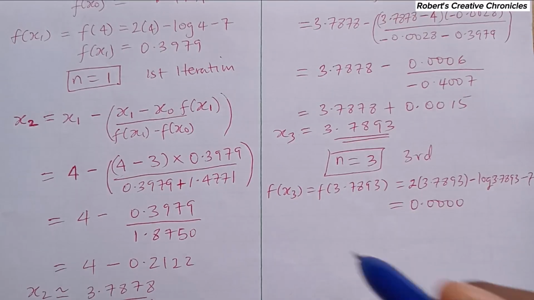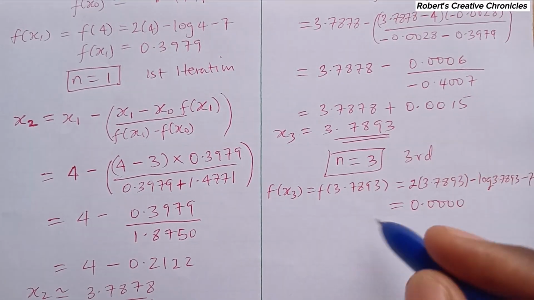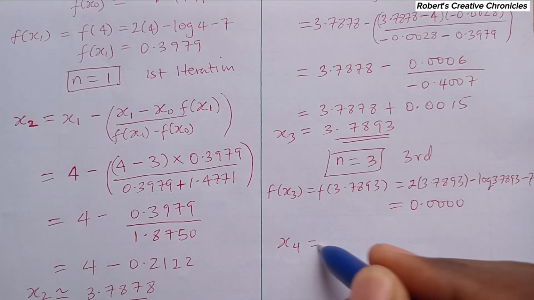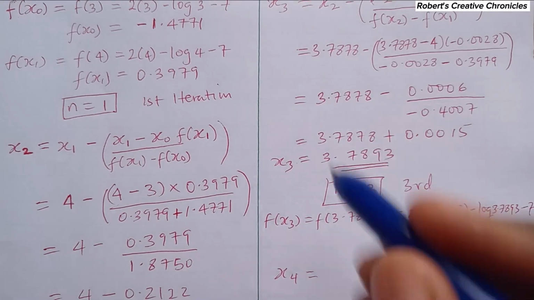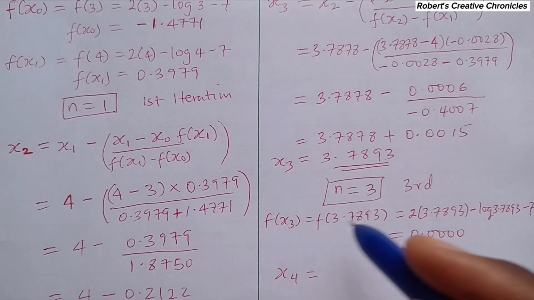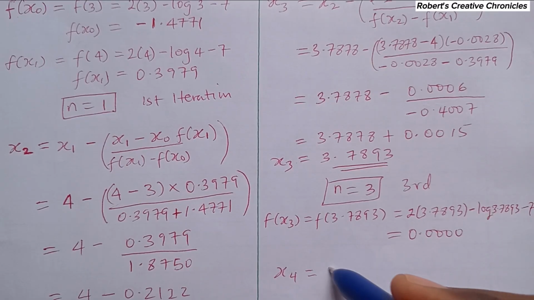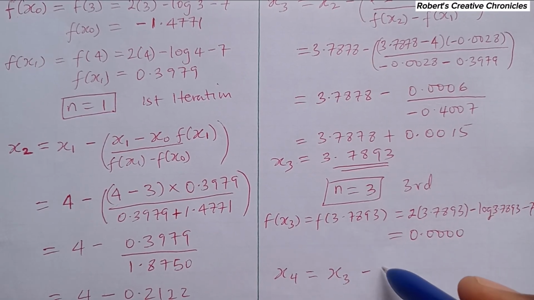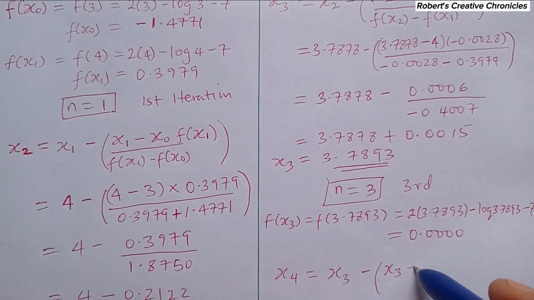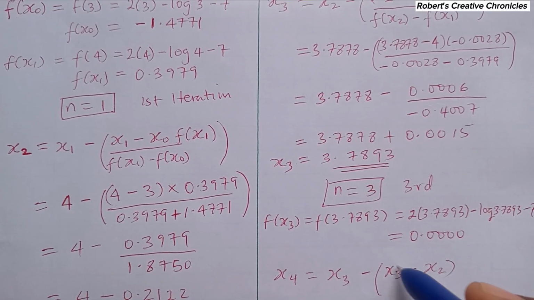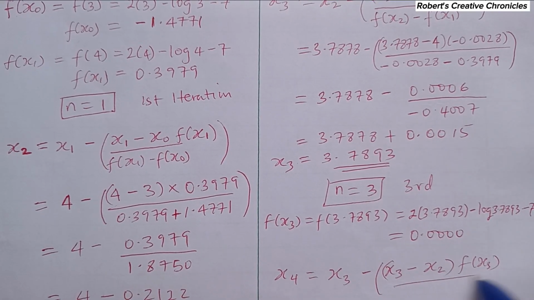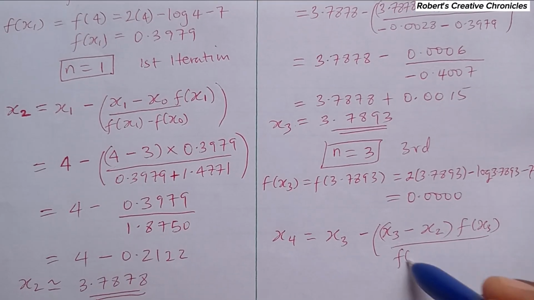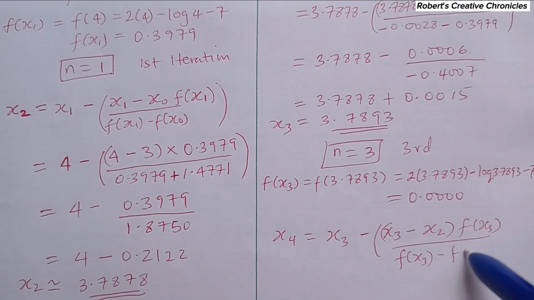So now let's continue. N is equal to 3 becomes x4. We put it in the original equation, it becomes x4 is equal to what? x3 minus x3 minus x2 times fx3 over fx3 minus fx2.